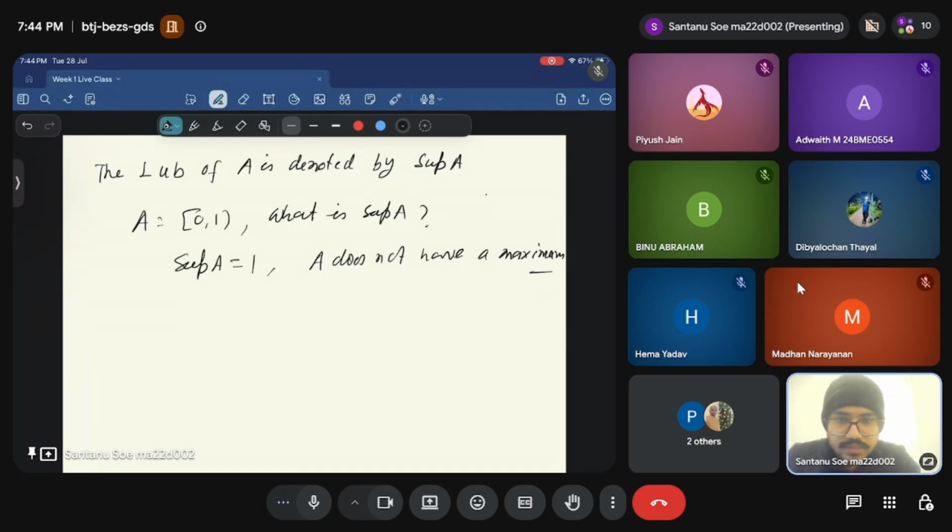Of course the maximum does not exist, because the maximum element would be 1, which does not belong to A. So there is a proper distinction between maximum and supremum. Supremum may not belong to the set, but the maximum should always belong to the set, right? So now we're going to go to the next definition, which is the greatest lower bound, or GLB.